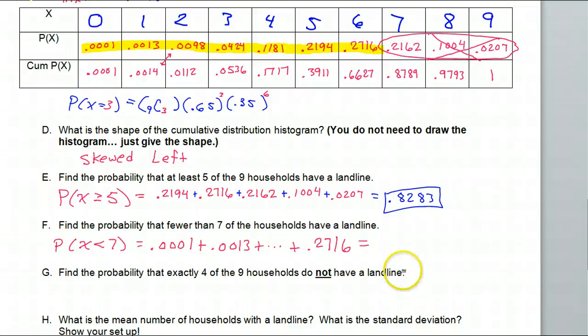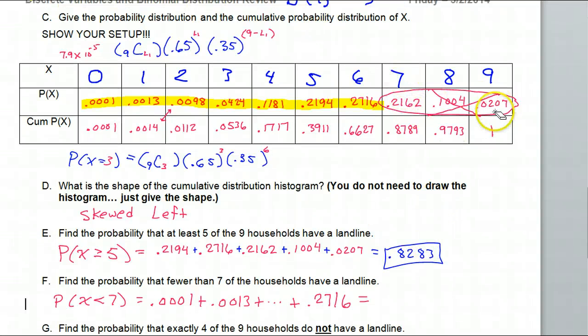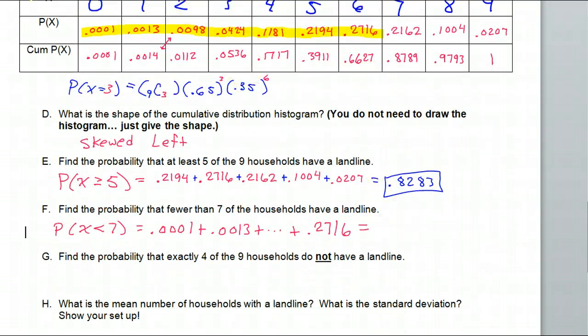By the way, we already added them up, so in this particular case it wouldn't make sense to do the subtracting thing, because we did the cumulative distribution, we already have the sum of all of these numbers. It's right here. It's 0.6627.